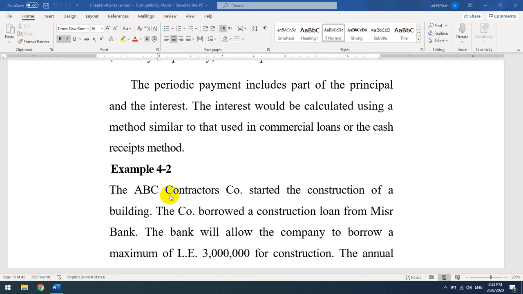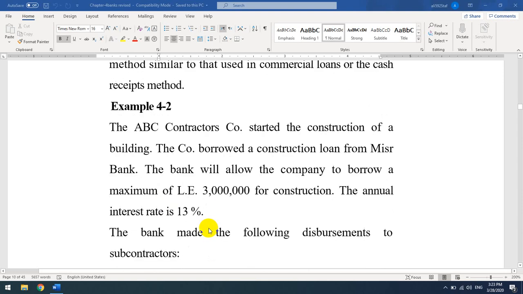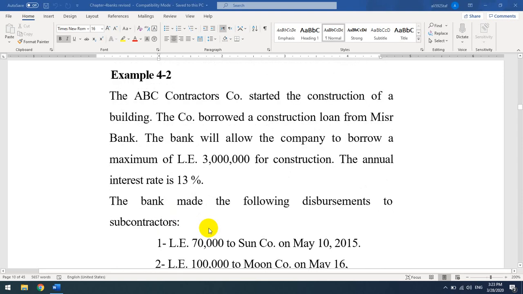The company borrowed a construction loan from Bank Misr. The bank will allow the company to borrow a maximum of 3 million Egyptian pound for construction. The annual interest rate equals 13%.